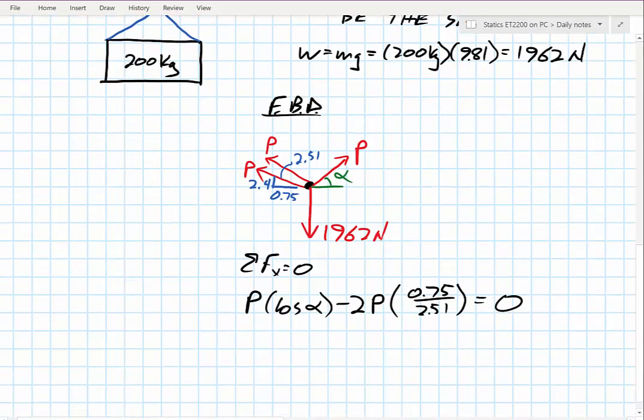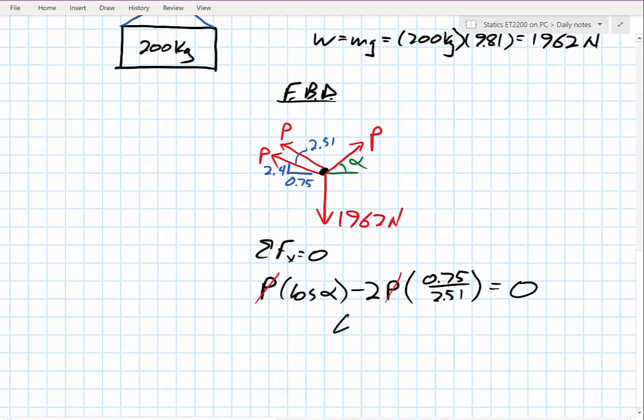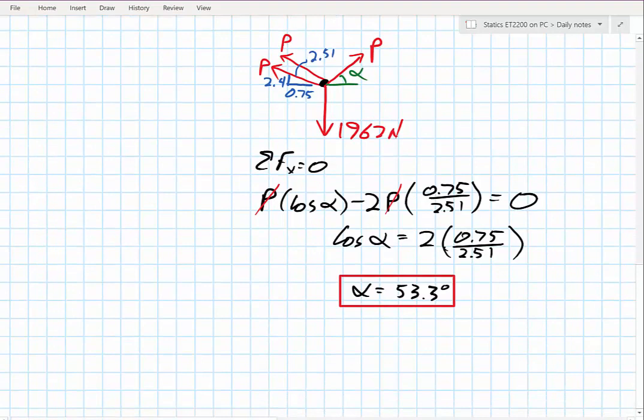So I could move the negative side to the other and divide through by P's, and I see my P's actually go away. The only thing I'm left with is alpha as an unknown. So cosine alpha must equal 2 times this 0.75 over 2.51. Solve that for alpha, and I end up with alpha equal to 53.3 degrees.